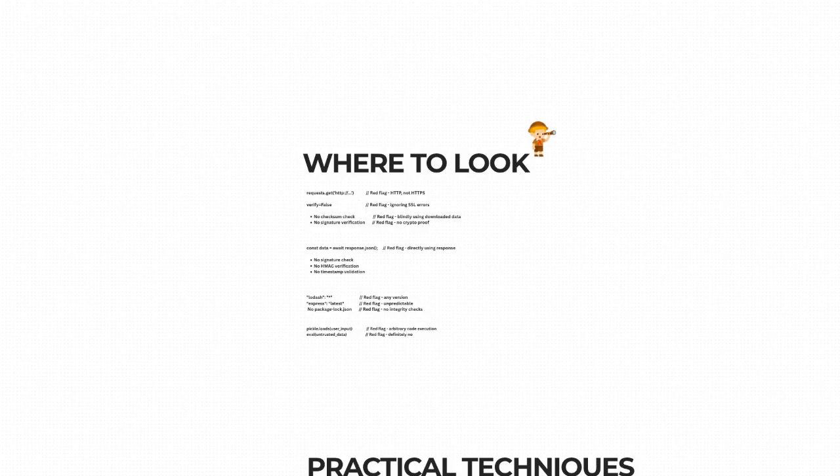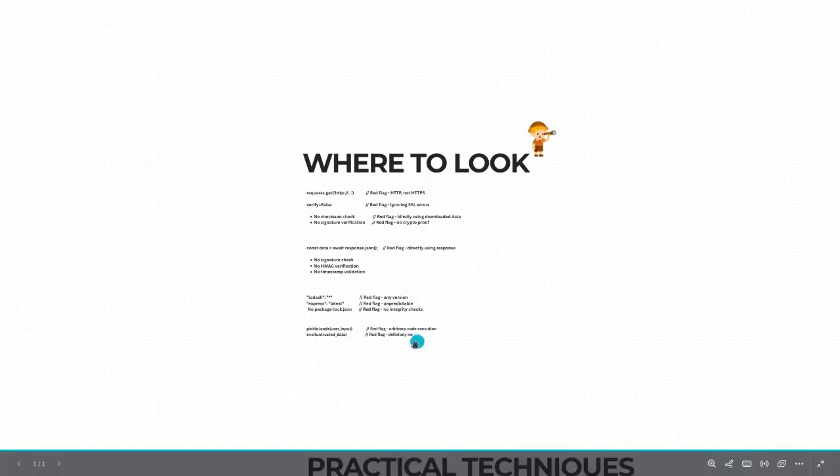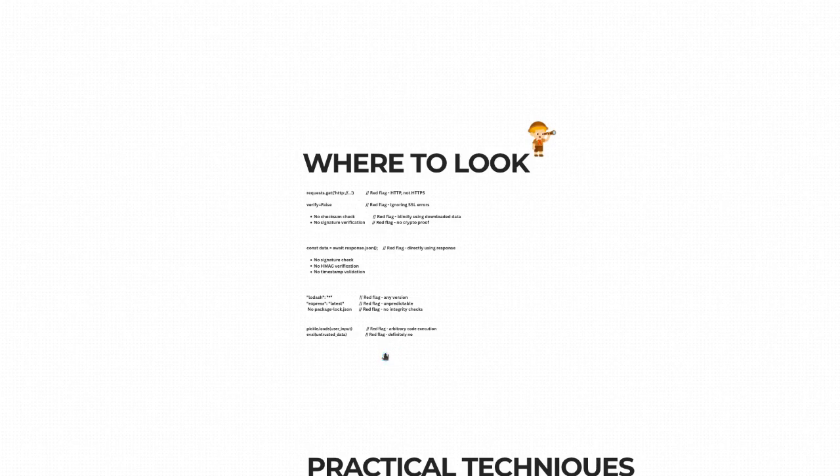Fourth, deserialization. If you see code deserializing untrusted data like this or this, anything like this, it's an immediate red flag. And finally, look at the build system itself. This is something people miss. Even if your application code is perfect, if your build system is compromised, an attacker can sign malware legitimately.